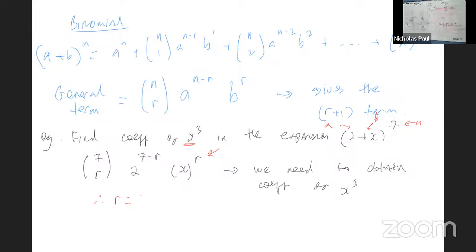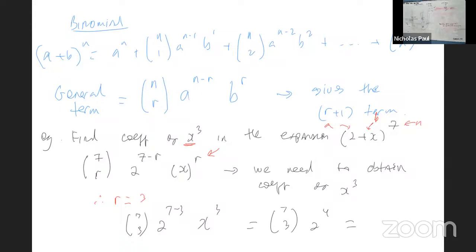3, yeah, 3. This one was easy. You just had to plug in the value right in. So by putting R is 3, you're good to go. So really and truly it is 7C3 by 2 to the 7 minus 3 by x cubed. Could you work out the coefficient? What is 7C3 by 2 to the 4?